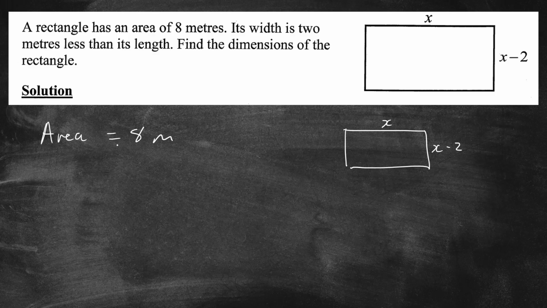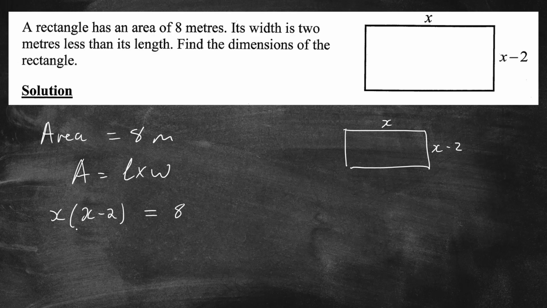Okay, now find the dimensions of the rectangle. So if we know that the formula for the area is length times width, we have the length and the width in terms of x, so x times x minus 2 in brackets equals 8. Okay, length times width equals 8.